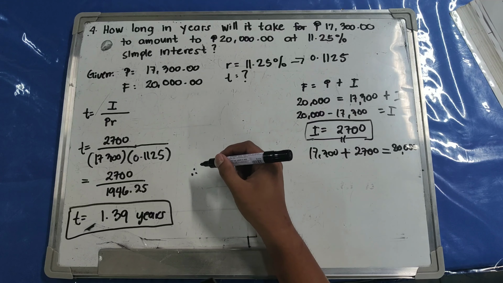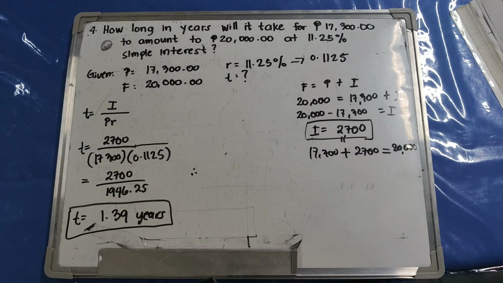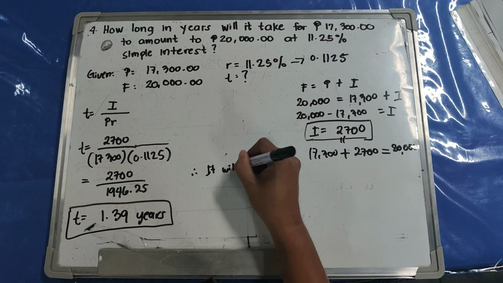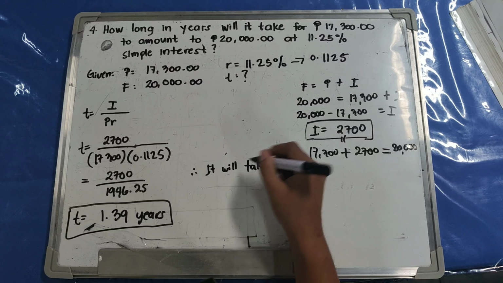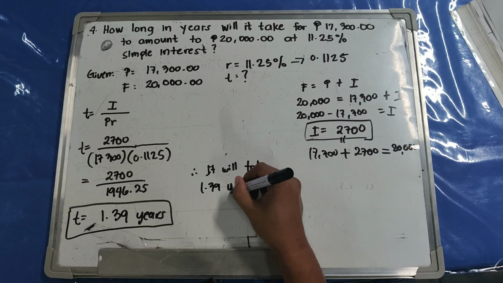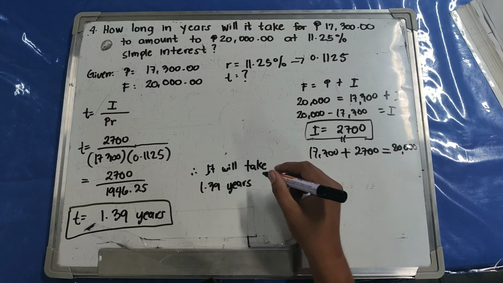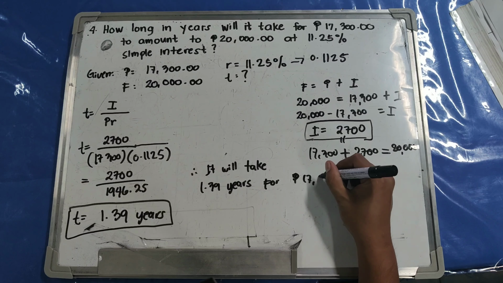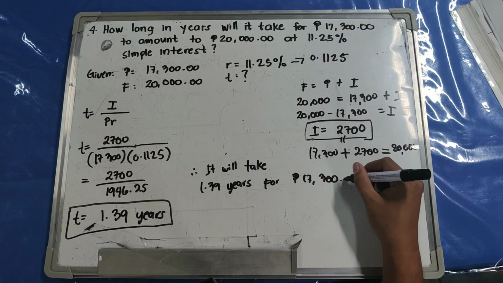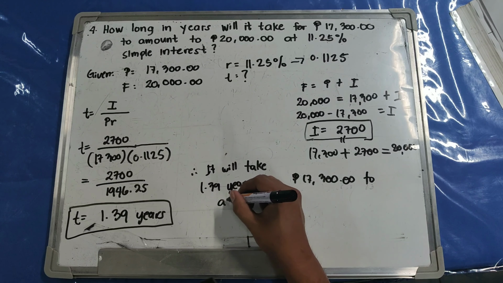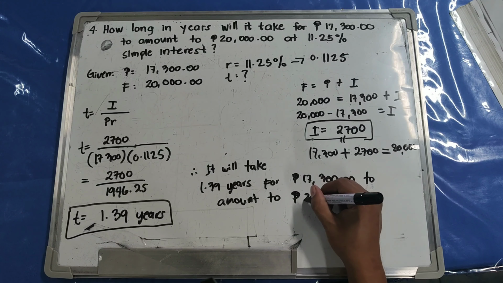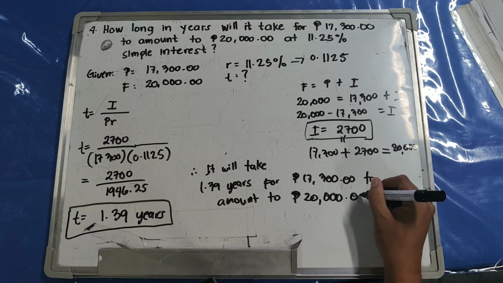Therefore, it will take 1.39 years for 17,300 pesos to amount to 20,000 pesos.